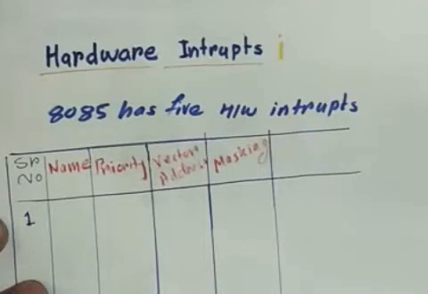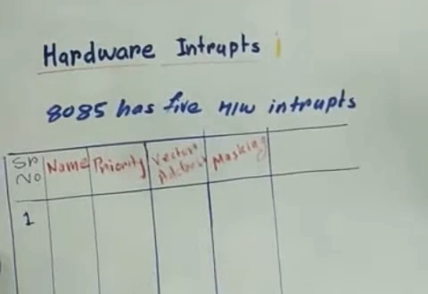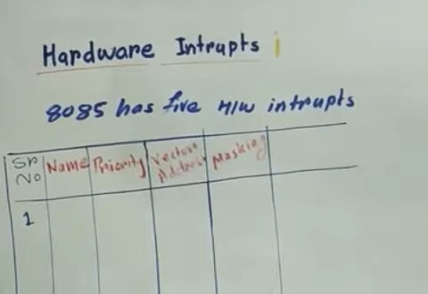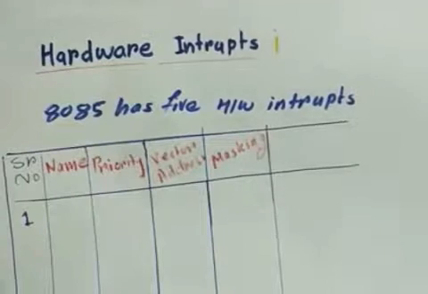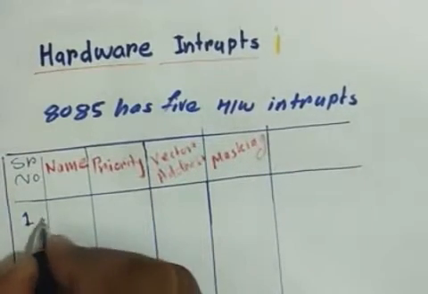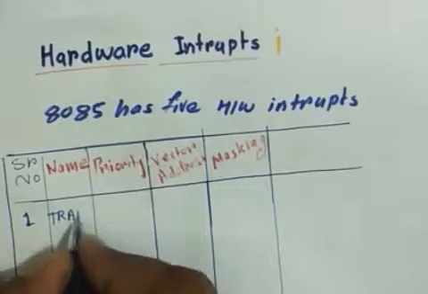So here in this table, we can divide the microprocessor 8085 hardware interrupts as per their priority, vector address, and masking or non-masking type. The first interrupt here is TRAP.